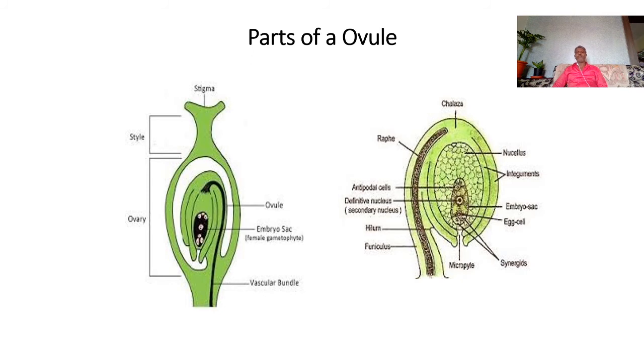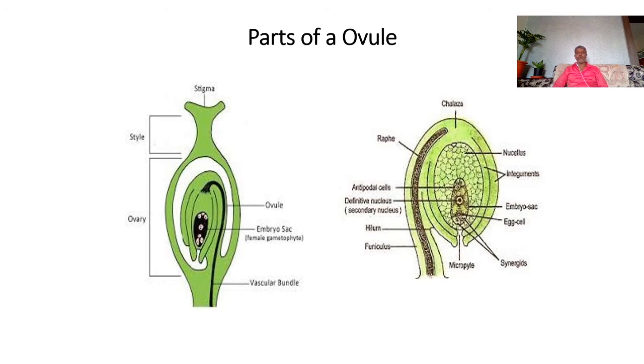Then comes the nucellus. This is the nucellus, the tissue surrounding the embryo sac. This is the embryo sac here, and the surrounding tissue is known as nucellus. Based on the amount of nucellus present, the ovules are of two types in angiosperms: crassinucellate ovules and tenuinucellate ovules.